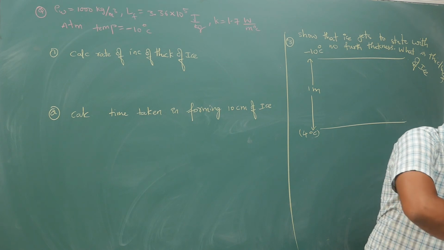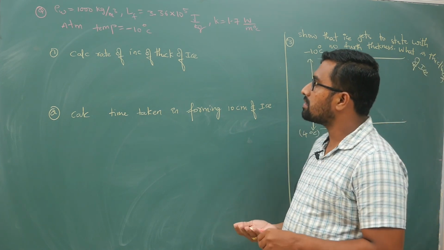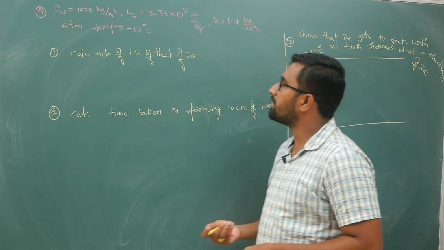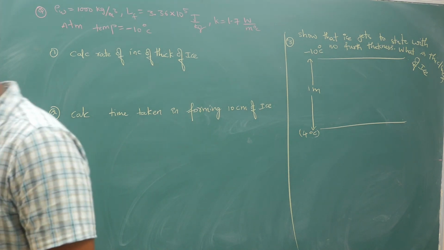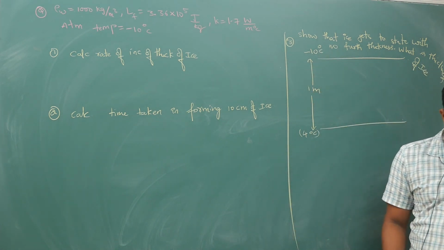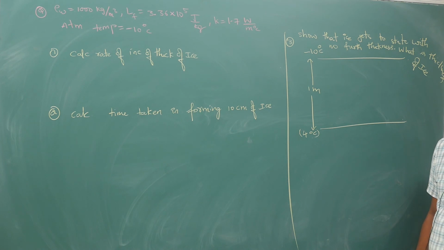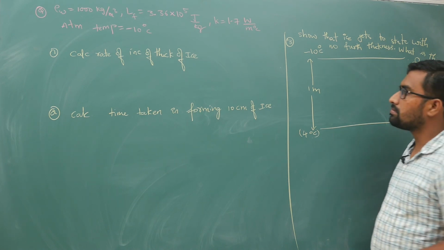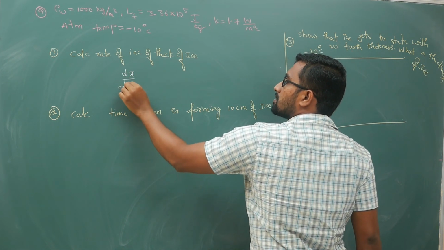Fine. Okay. Now if you try to answer this question and calculate the rate of increase of thickness, from the previous expressions that I have explained, what we have got is dx by dt, the rate of thickness of ice.